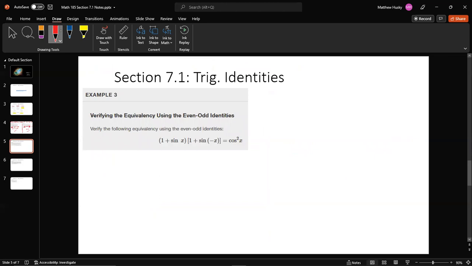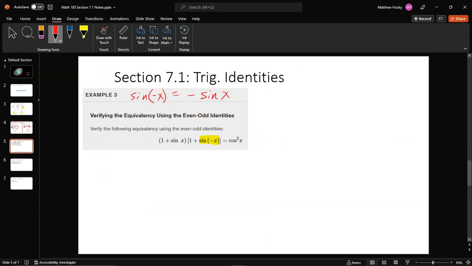Here we have another one. They say verify the following equivalency using even-odd identities. So what you will notice, here we have sine negative x. So back on that slide, a couple steps back, sine negative x, you might recall, that is equal to negative sine of x.